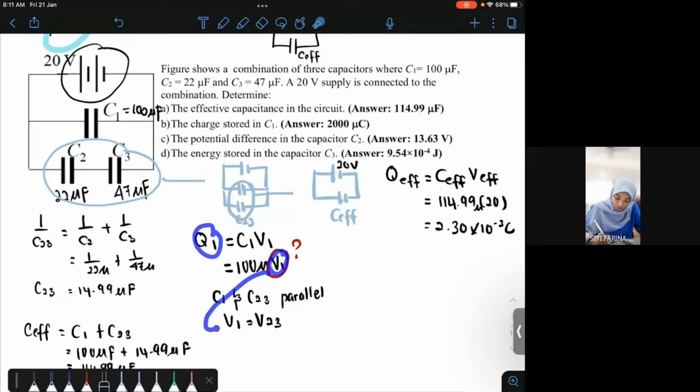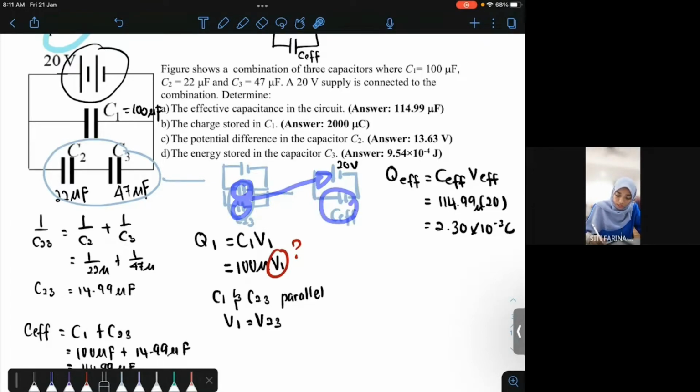Okay, so kita ada hint dekat sini. Kita boleh dapatkan V1. So V1 dan V2 ini, okay, sama nilai. Akan sama dengan V yang total ni. Kenapa? Sebab kita gabung dua kapasitor in parallel to get C effective.